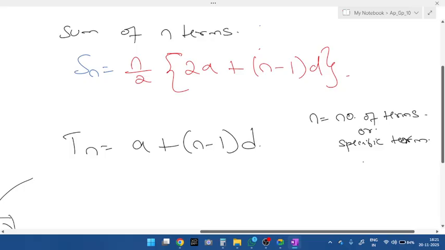Write both the formulas. A stands for first number, D stands for difference.